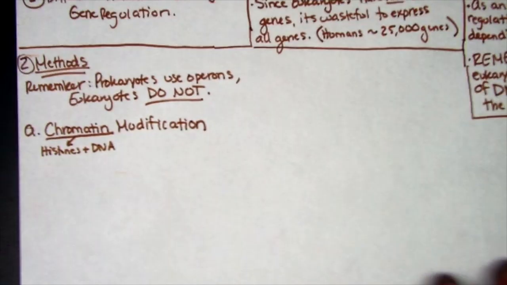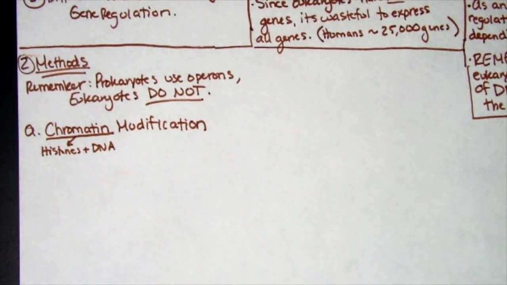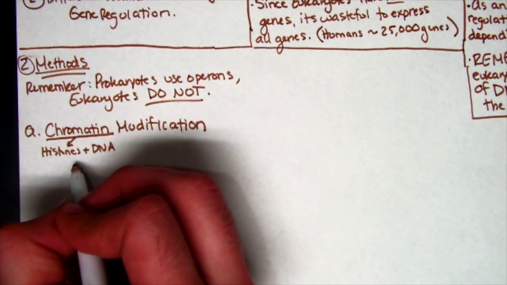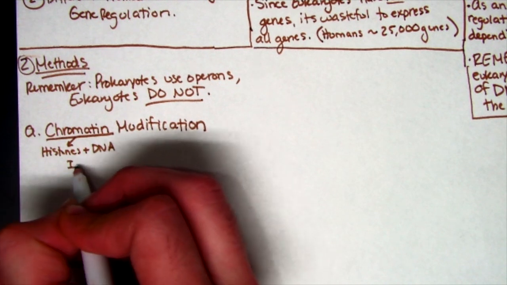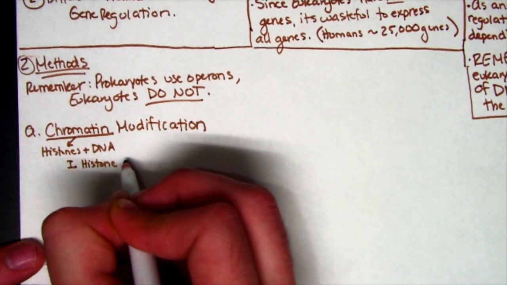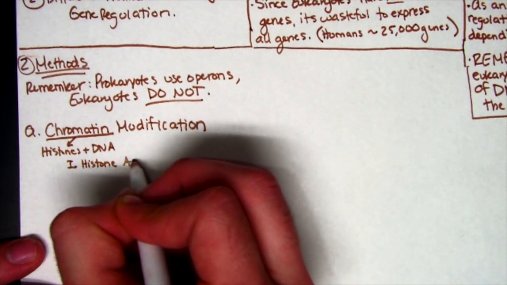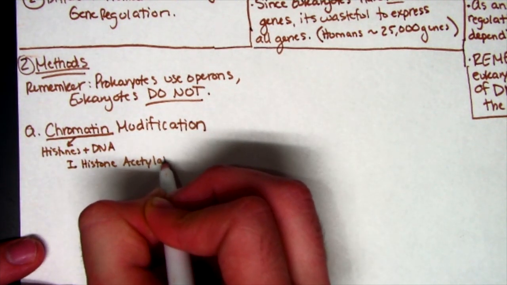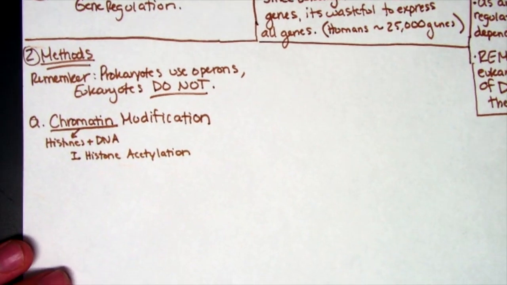So, one method that eukaryotes use to regulate gene expression is by modifying the chromatin. They do that in two different ways. The first way is histone acetylation.